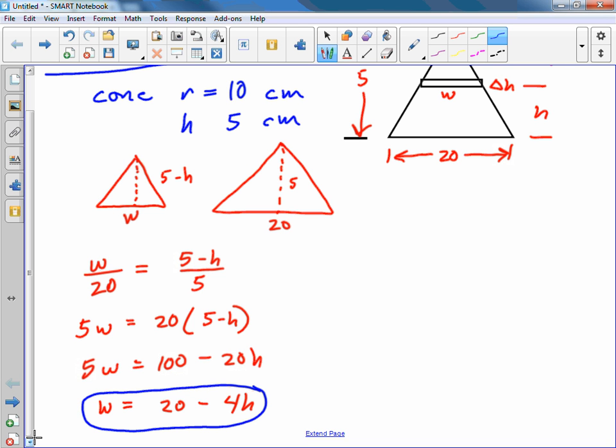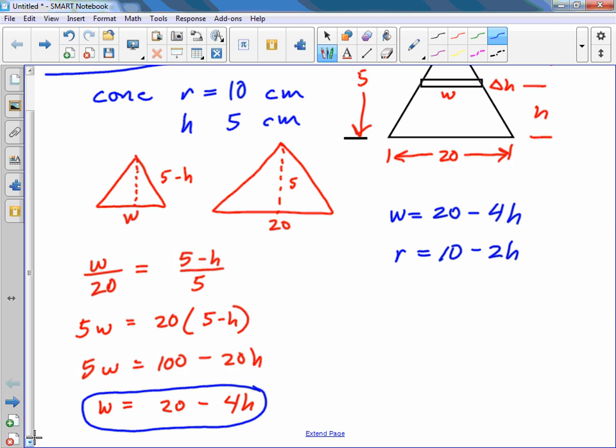Okay. So this is really, really good. Now we've got W in terms of H: W equals 20 minus 4H. So then it gets better. But wait, there's more. If W equals 20 minus 4H, what does R equal now? Yeah, 10 minus 2H, right on, 1/2 of that.